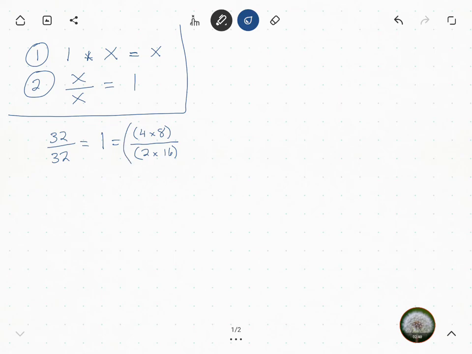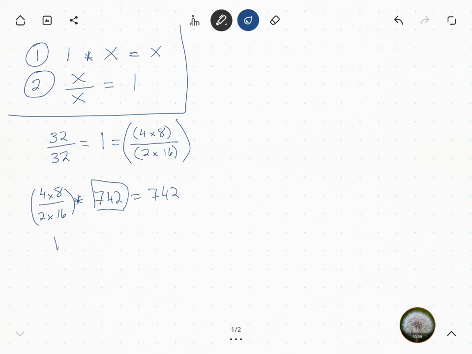So again, adding this value of 1, we could say that 4 times 8 divided by 2 times 16, times anything, let's say 742, equals 742, because again, we're just multiplying this value times 1.